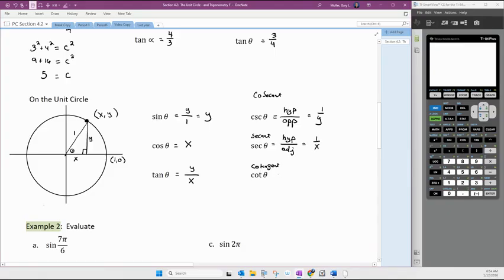And the cotangent is the reciprocal of tangent, so that's the adjacent side over the opposite side, which would be x over y. So they're simply the reciprocals.